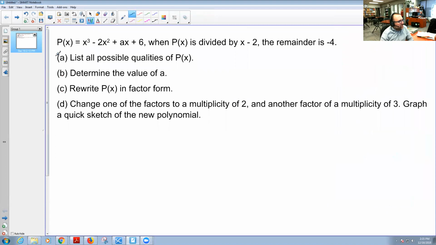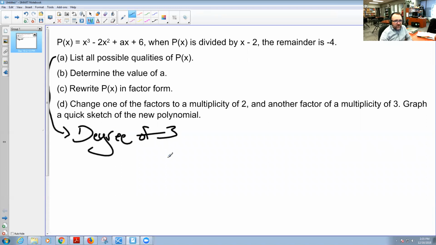So this is talking about the degrees. This is also talking about other factors of constants, the integral zeros, and so forth. Right off the bat, we know this is a degree of 3. What else can we say right now?